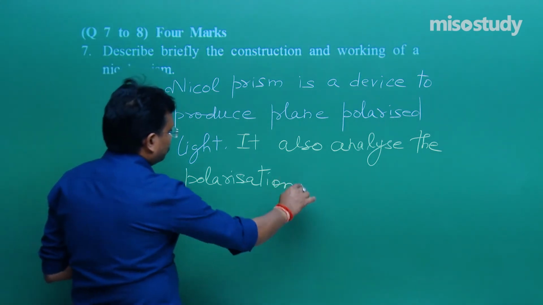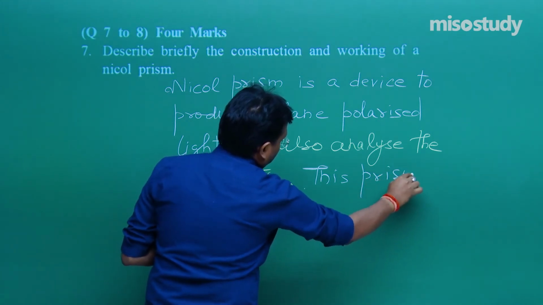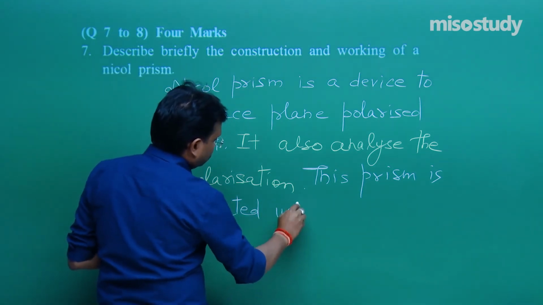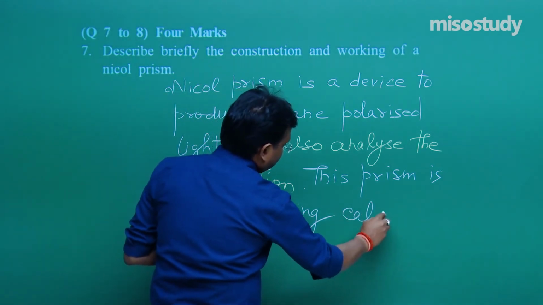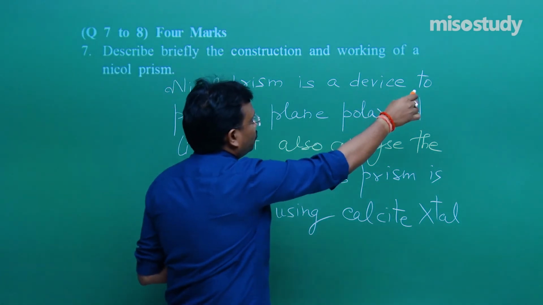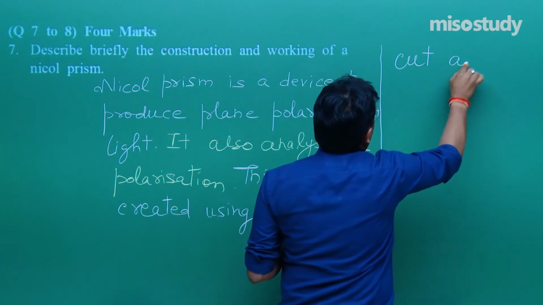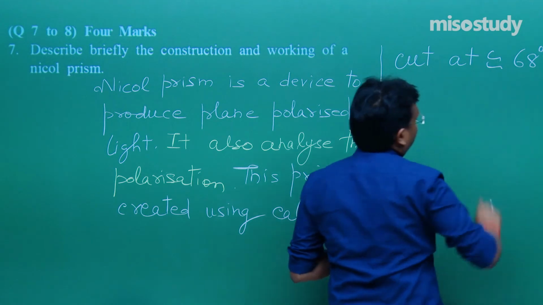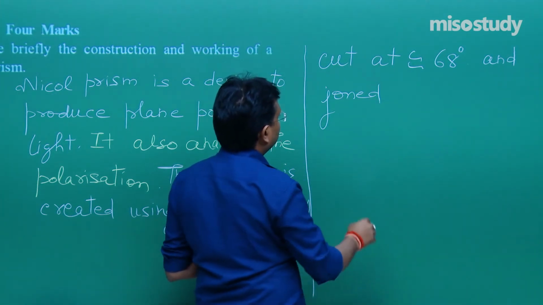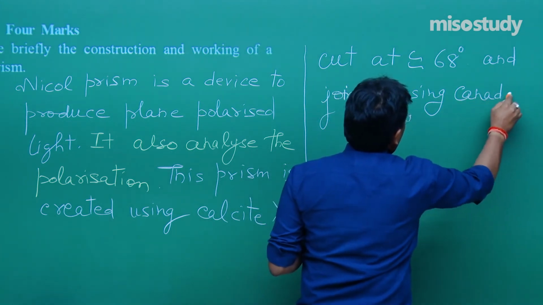So, this prism is created using calcite crystal cut at 68 degrees and joined using Canada balsam.